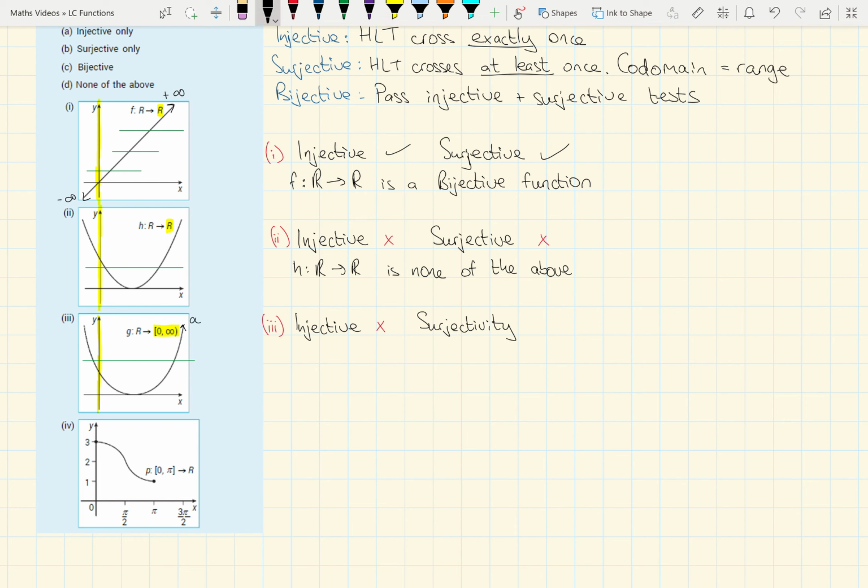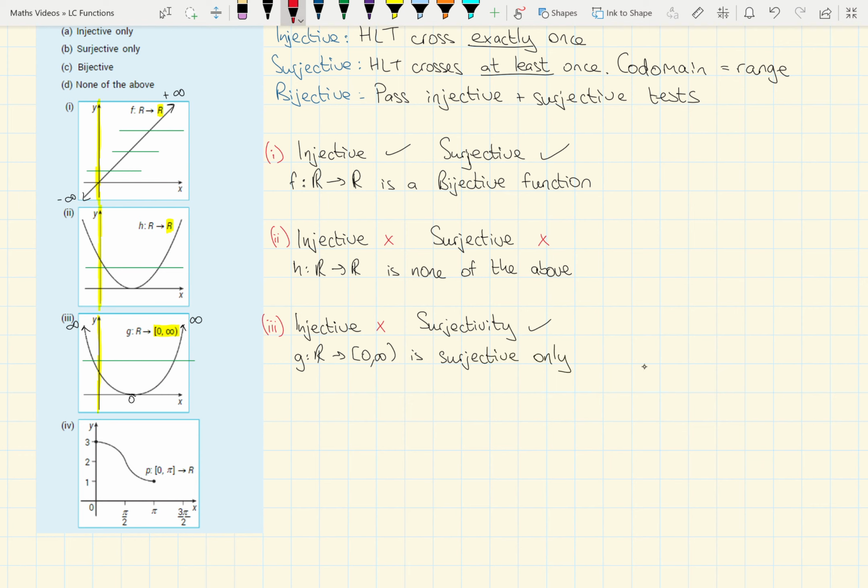Our function keeps going to plus infinity, and at the bottom is 0 on the y-axis. So we're good there on surjectivity. We failed injectivity but passed surjectivity, so we cannot have a bijective function. So for this one, our function g maps R to [0, infinity) and is surjective only.